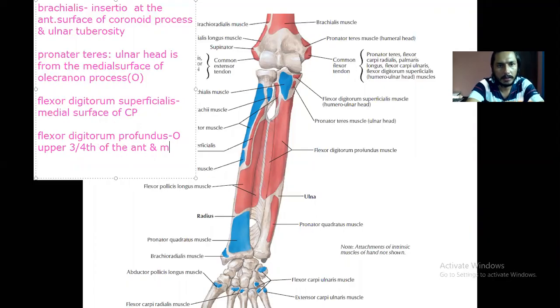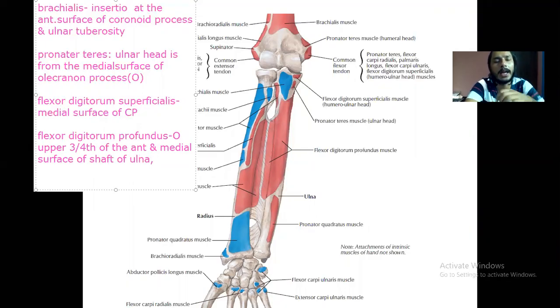Anterior and medial surface of the shaft of ulna. Now origin is also from here, that is the medial surface of the coronoid process and the olecranon process. So the medial surface of the coronoid and the olecranon process also.